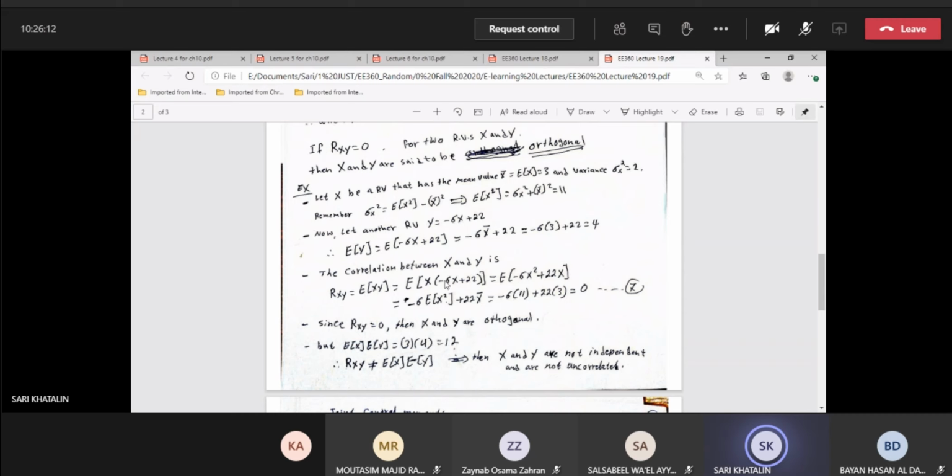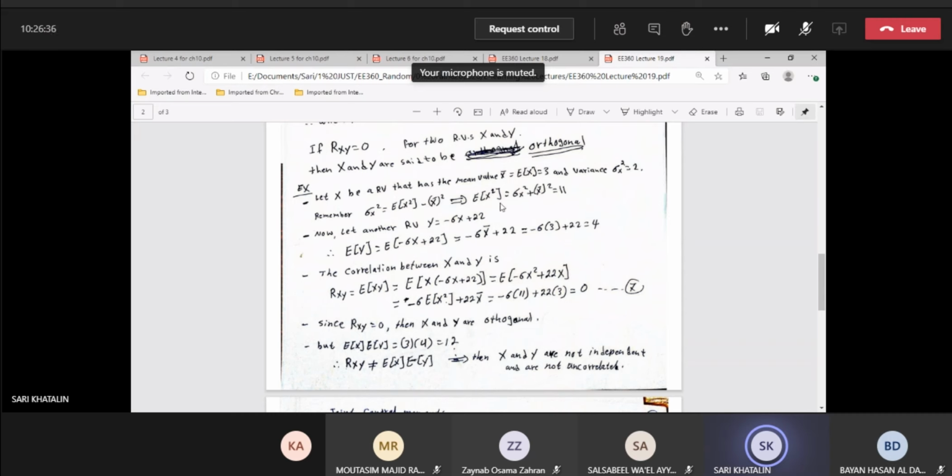After you multiply x by this expression, you end up with the expected value of minus 6x squared plus 22x. We can break this as shown in equation 7. It's going to be minus 6 times the second moment of x plus 22 x bar.